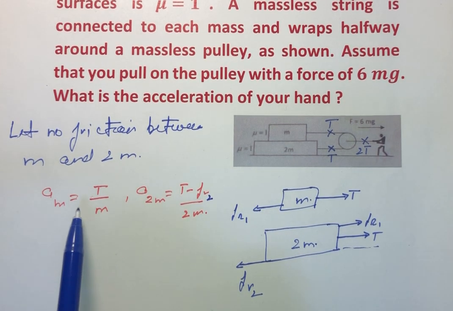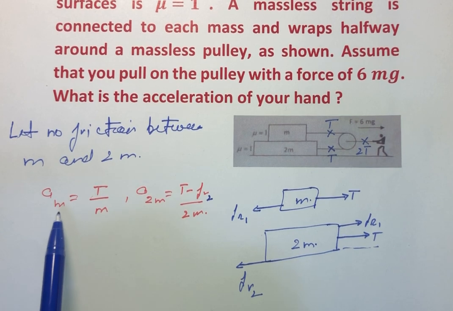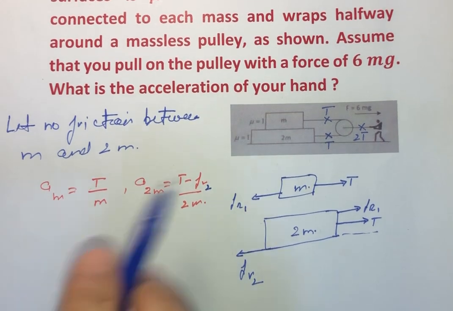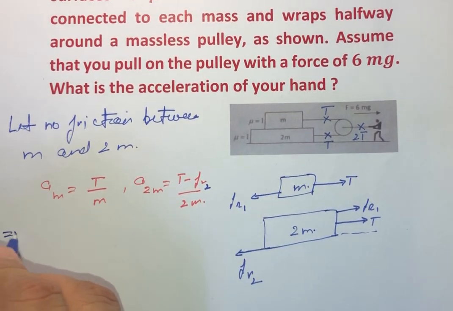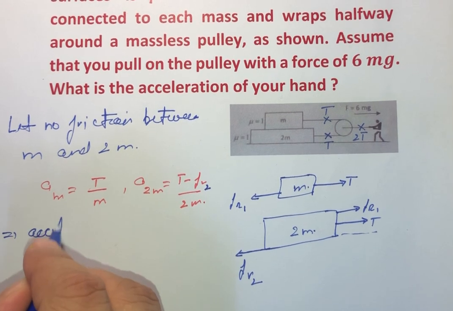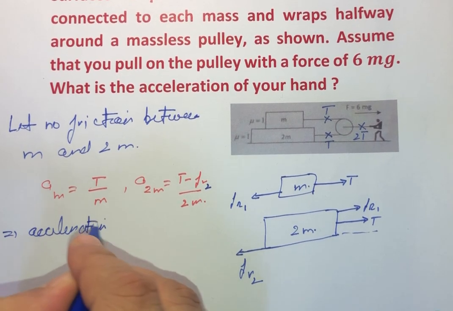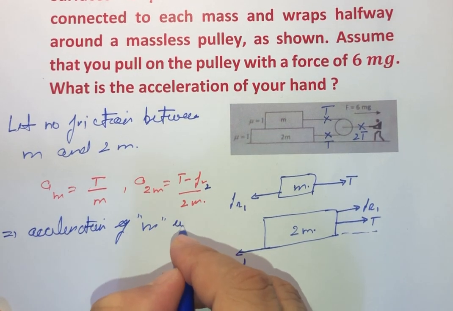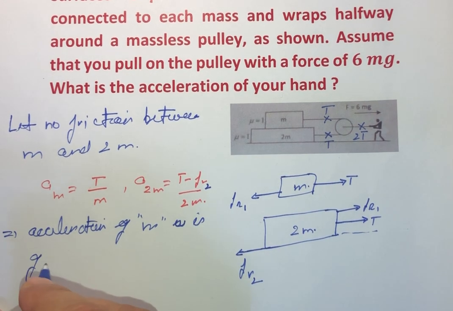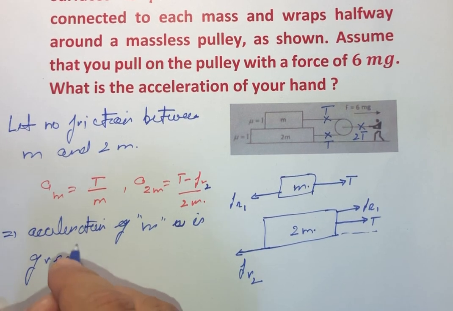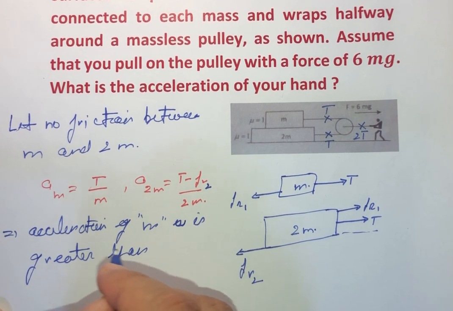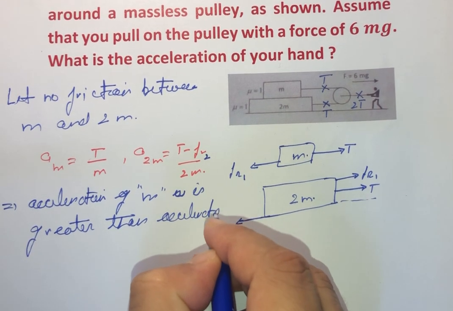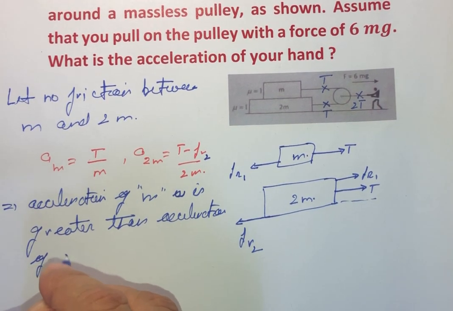In that case, if the acceleration of m is higher as compared to 2m, we can say that the acceleration of m is greater than the acceleration of 2m.